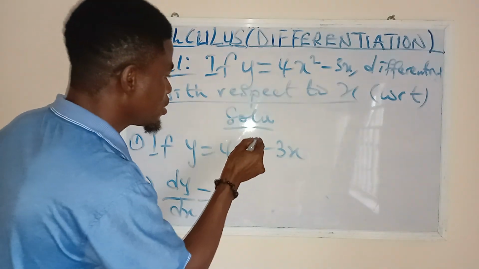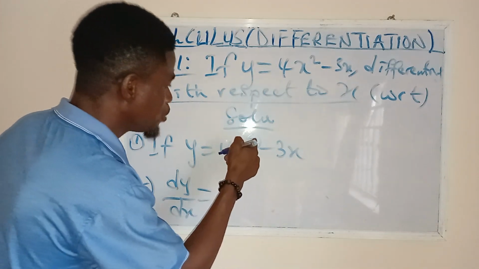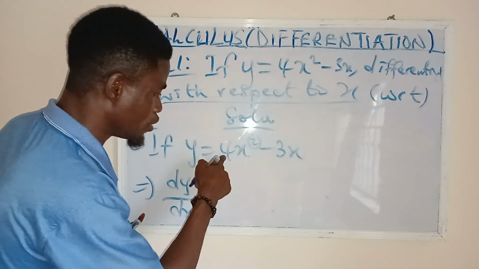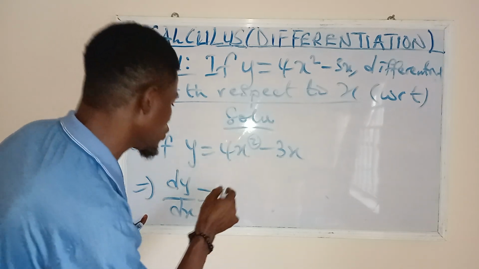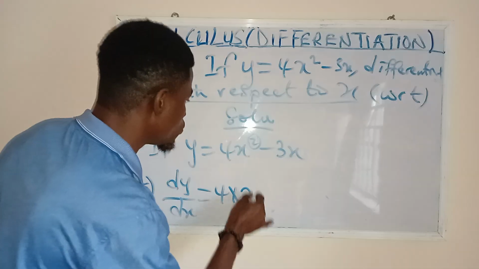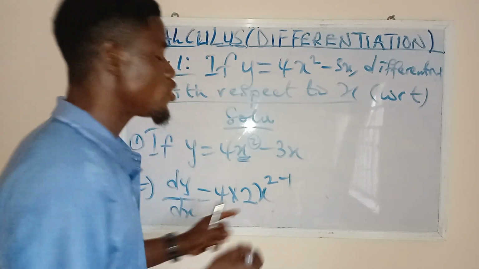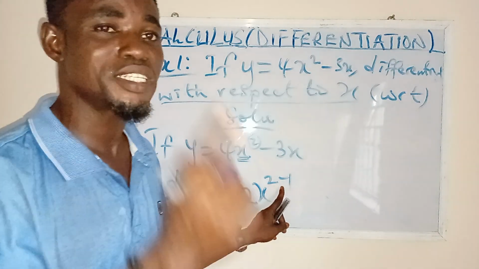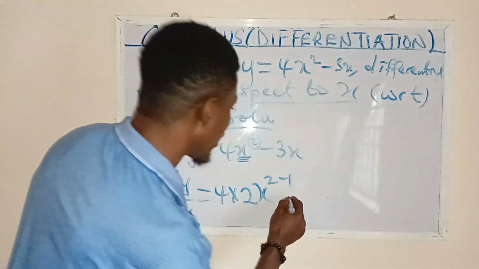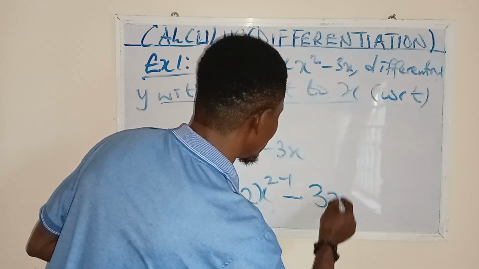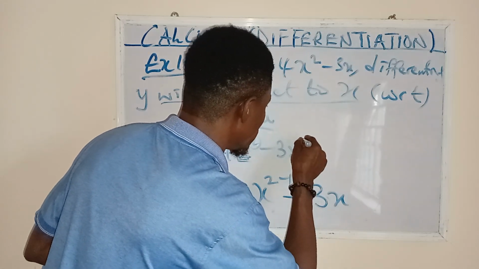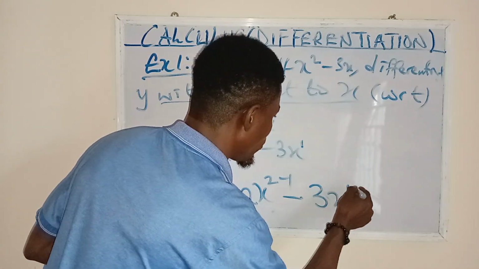Now this is the power; bring down this power to multiply the coefficient. It's going to be 4 times 2, then x raised to power 2 minus 1. Under differentiation, the power will always reduce by 1. Then minus 3x, with a 1 on top of this x, so it's going to be 1 minus 1.